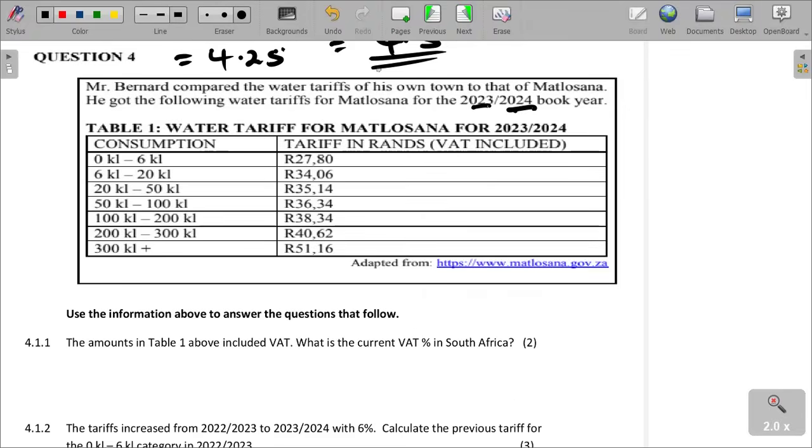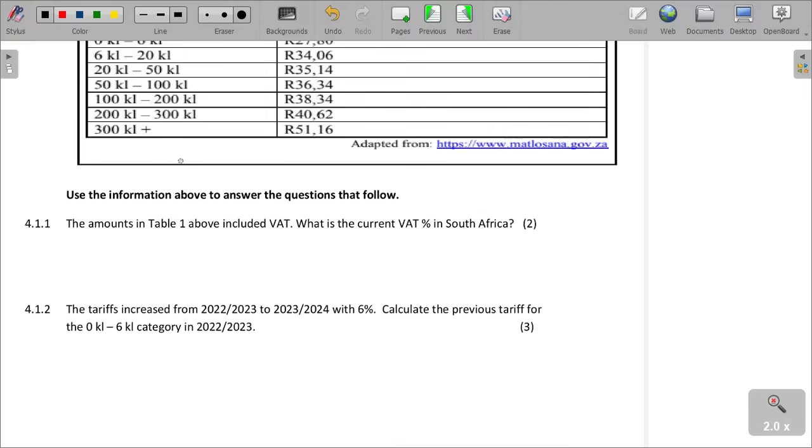We are given those figures, from 0 kiloliters to 6 kiloliters, and the prices are given, and therefore we use the information to calculate.